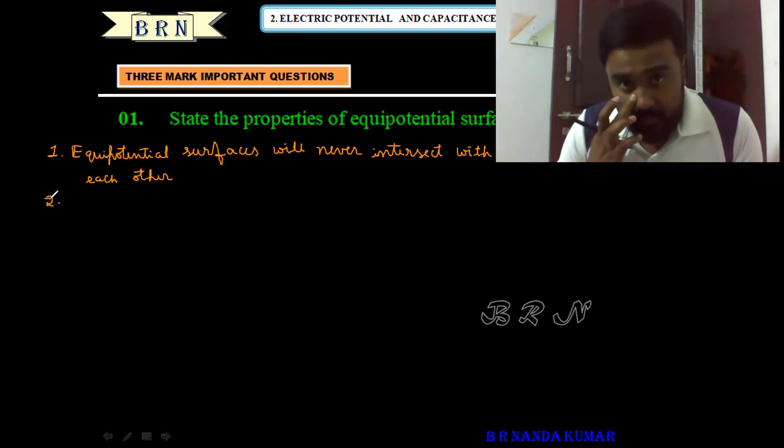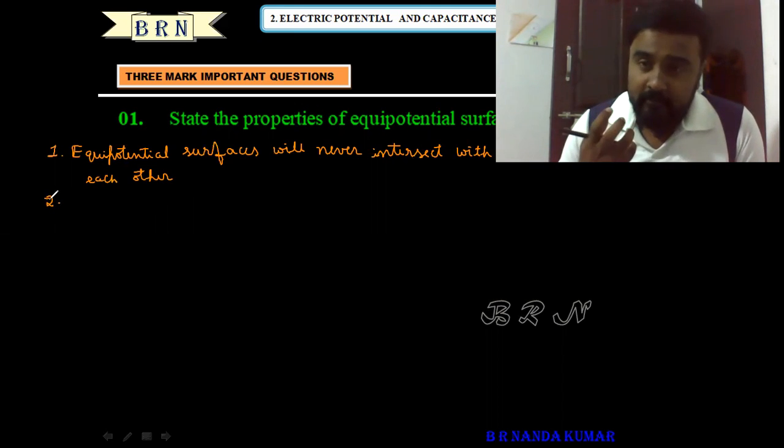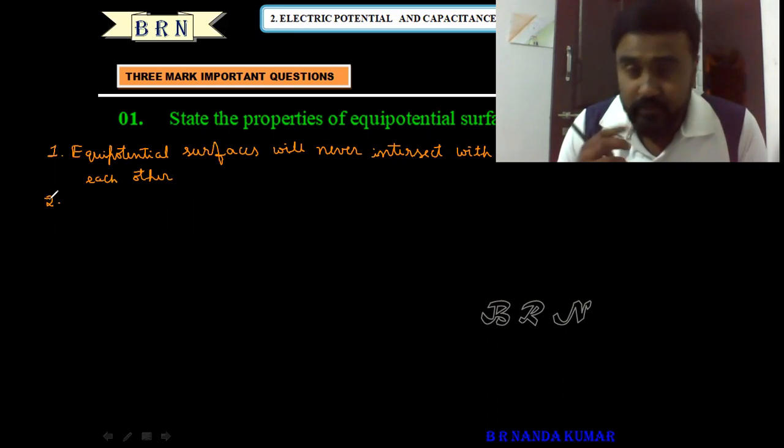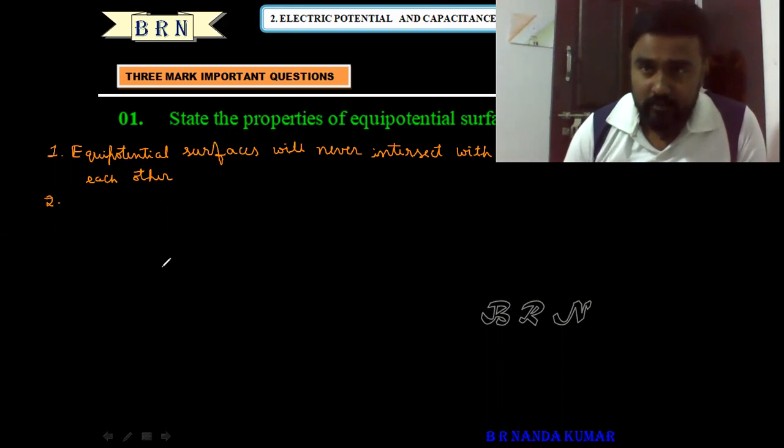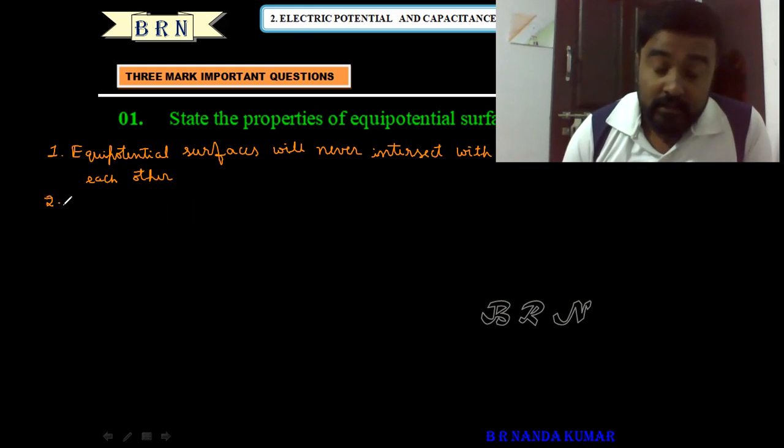And what type of equipotential surfaces are produced around an isolated positive point charge? That is concentric spheres, right?